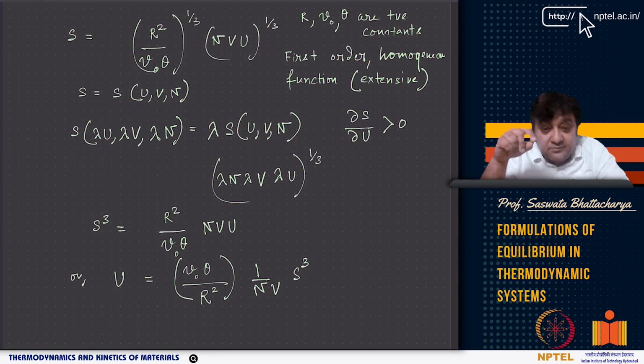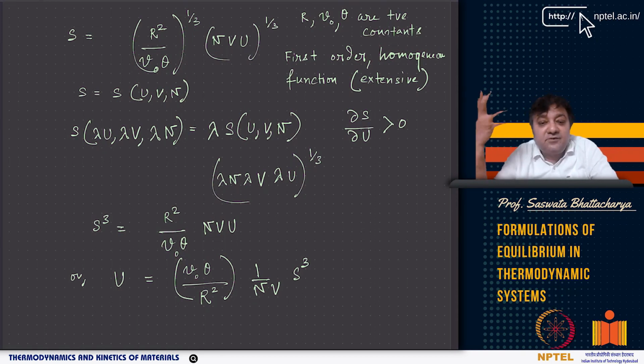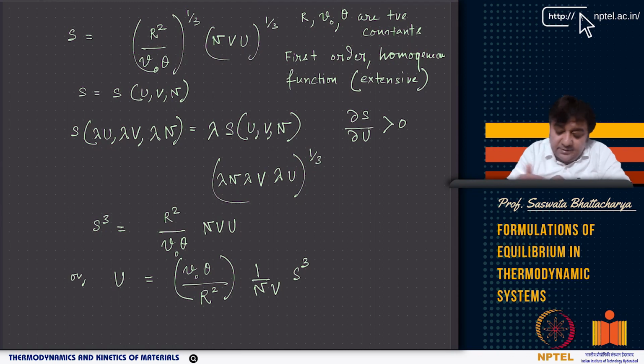Now we know entropy, total entropy is an extensive property. So if it is an extensive property, if you have S equals S(U, V, N) and you use a multiplier lambda, then S(lambda U, lambda V, lambda N) equals nothing but lambda S(U, V, N).